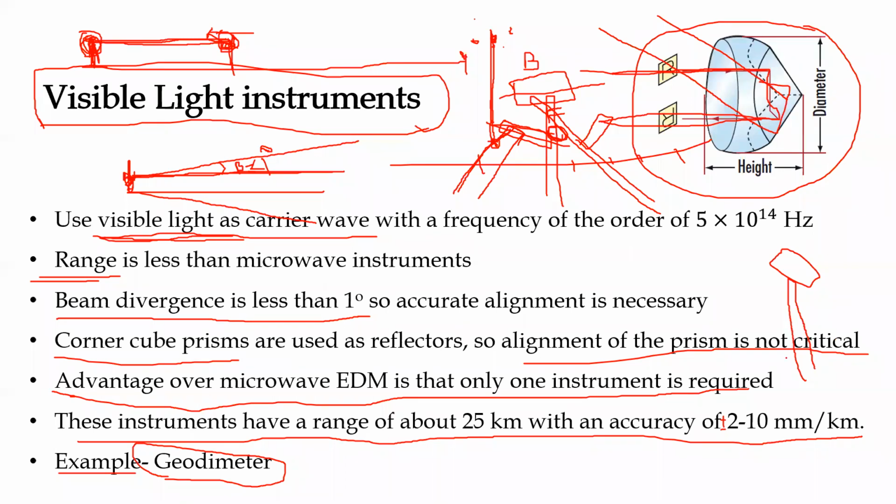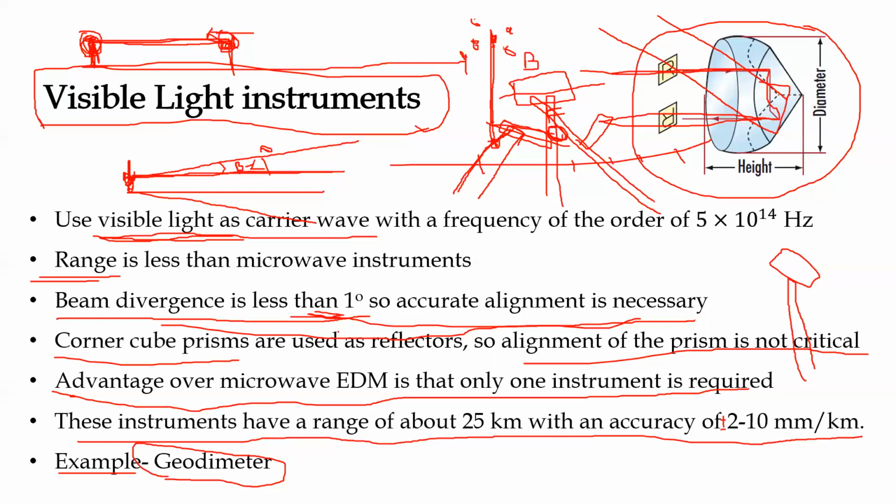But the placing of the instrument, that alignment will be critical because the beam divergence is very less, only 1 degree. Okay, I think I mismatched these two sentences. But you got my point.